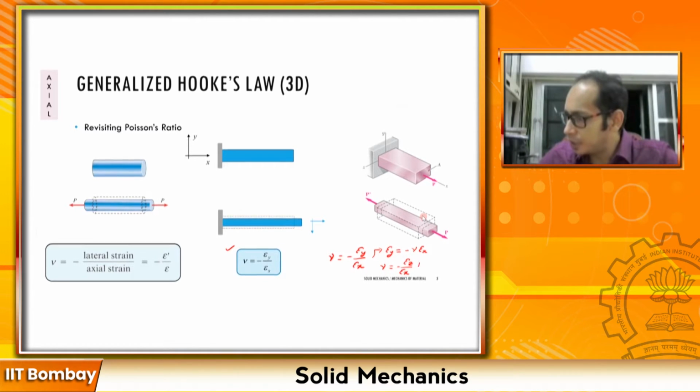And this will further give me the relationship that my epsilon z is equal to negative nu epsilon x over here. So I get two relationships over here. This is number one and this is number two, from the Poisson's ratio, by considering the contractions about the y as well as the z direction.